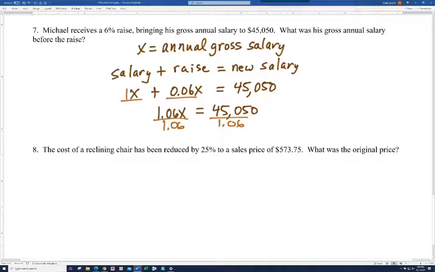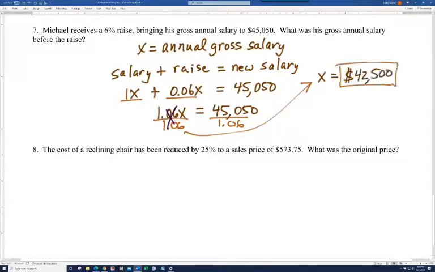And so these cancel. We're left with x is equal to 42,500. It wouldn't be hard to check this. It's going to be 42,500, my original salary, plus 6% of that, and that should equal 45,050. And if you plug that left side into your calculator, you'll see that it does check.